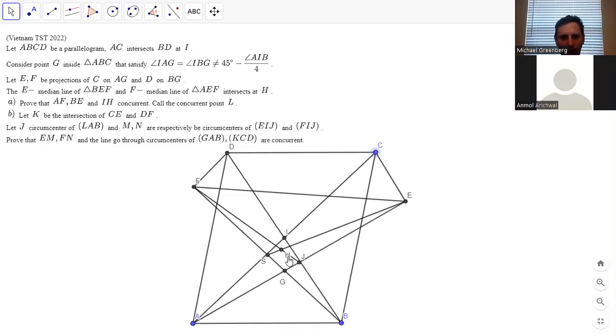I wonder if IH and G, no, IH and G aren't collinear. So yeah, we'd have to use that angle IAG is IBG somehow.